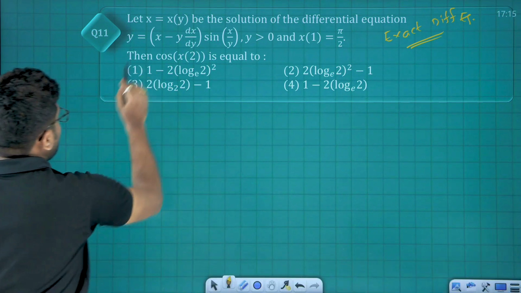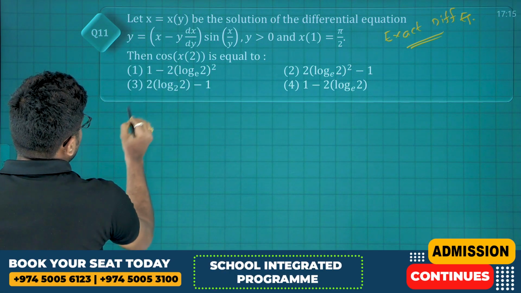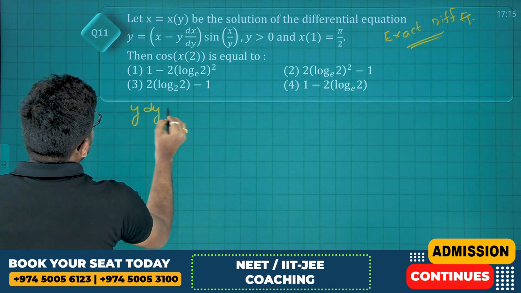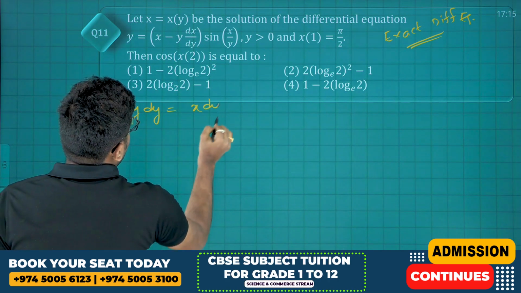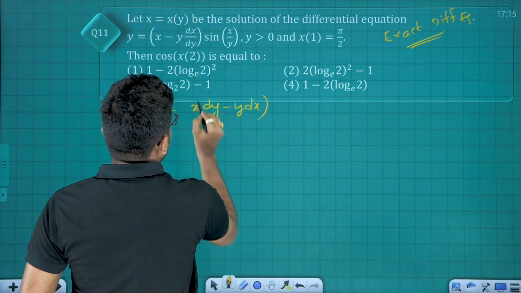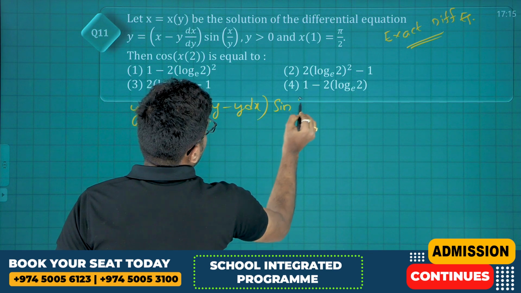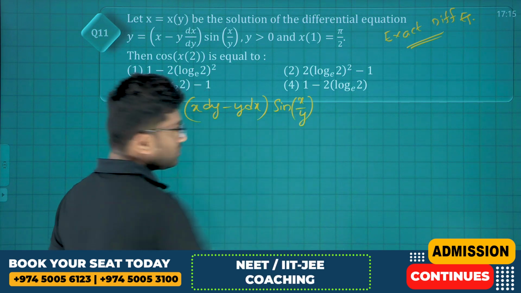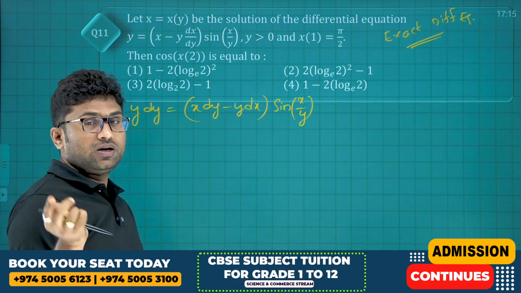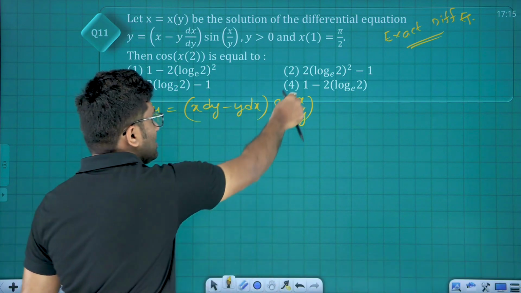Now see this, what do you mean by exact differential equation? First let's take dy to the other side. So y dy is equal to x dy minus y dx into sine of x by y. Now you can't separate the variables x and y because it's an implicit function.